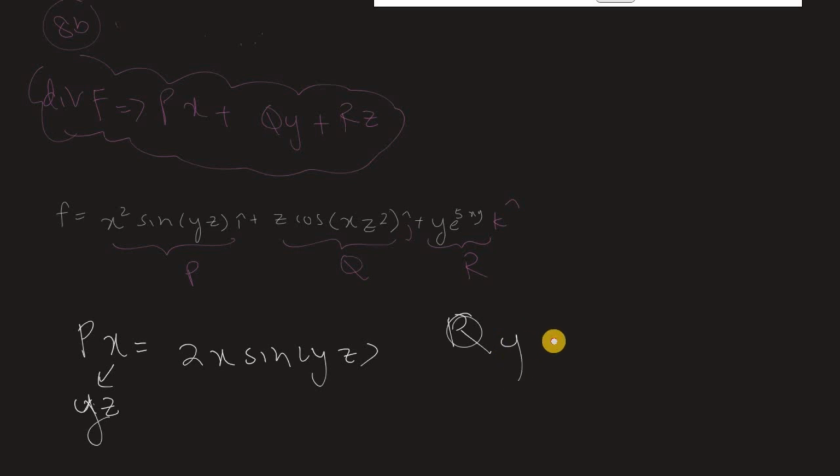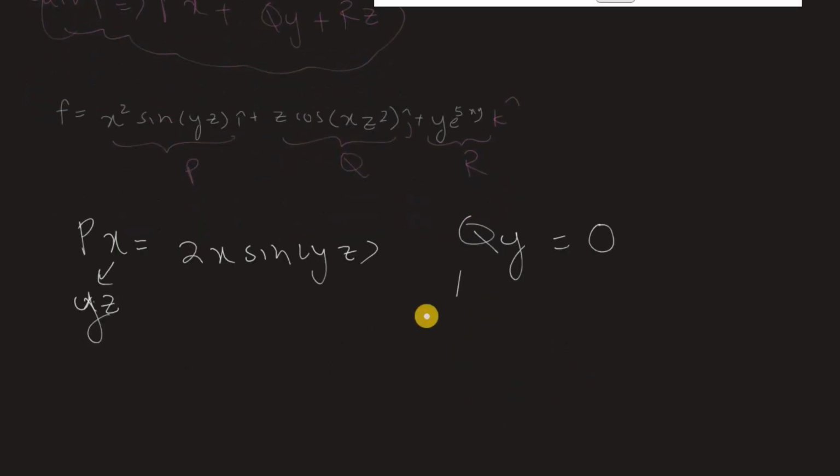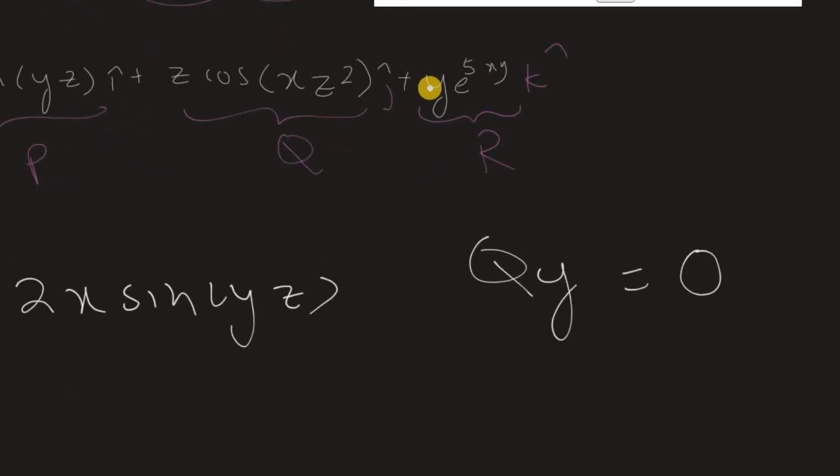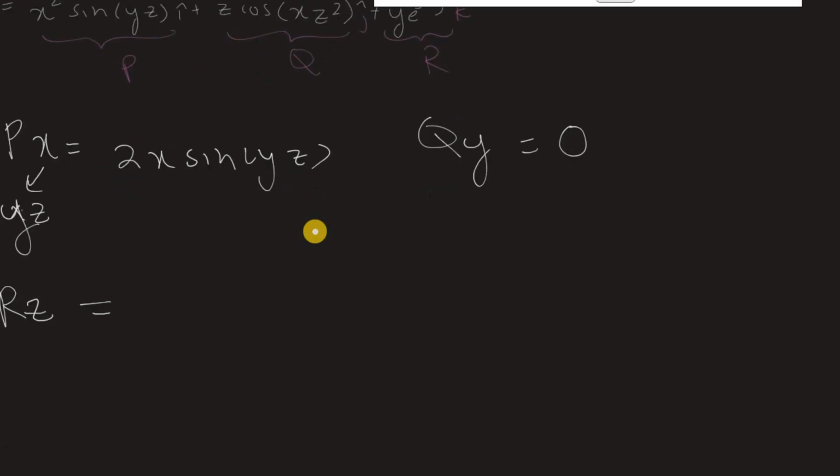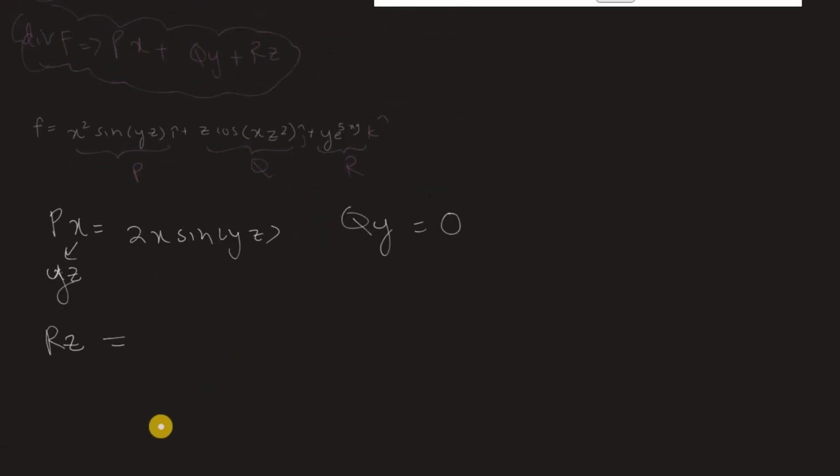Now Q of y, we're finding Q of y now. So partial derivative of Q with respect to y, and you don't see any y over here, so that's a constant. This whole thing is a constant, and the derivative of a constant is 0. And now finally R of z, R with respect to z. You do not see any z over here, so that means the whole thing is a constant, since we only have x and y.